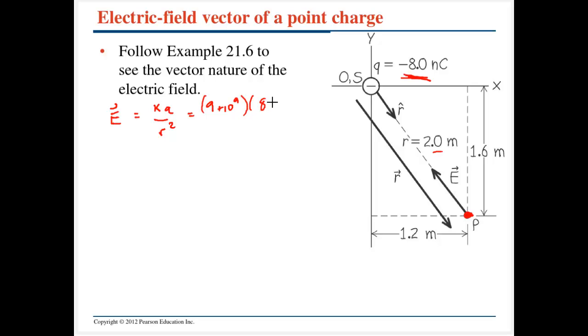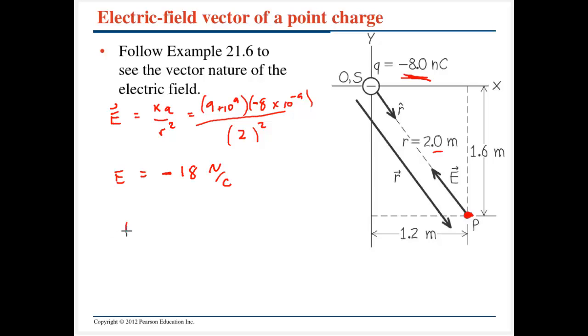The charge is going to be 8 times 10 to the negative 9th, and that's going to be divided by 2, quantity squared. So it's going to be 72 on the top and 4 down on the bottom. The electric field is therefore going to be, forgot my negative sign on my charge, negative 18 newtons per coulomb.